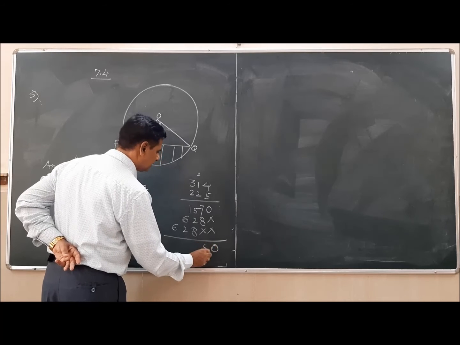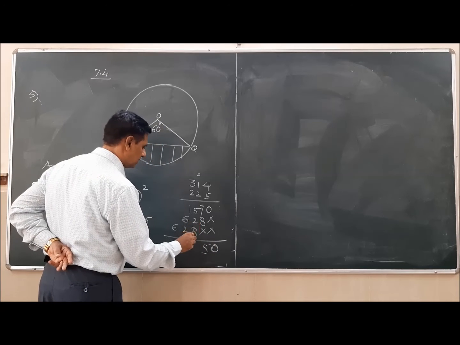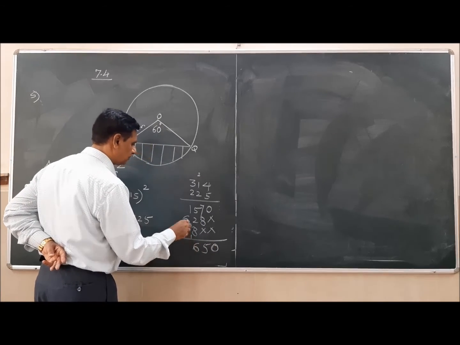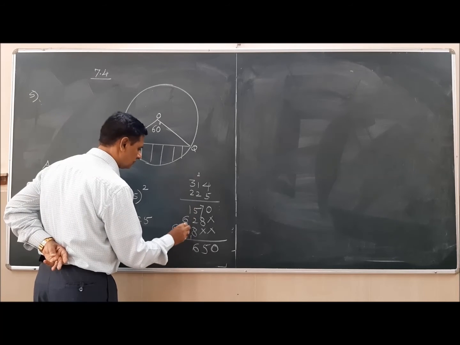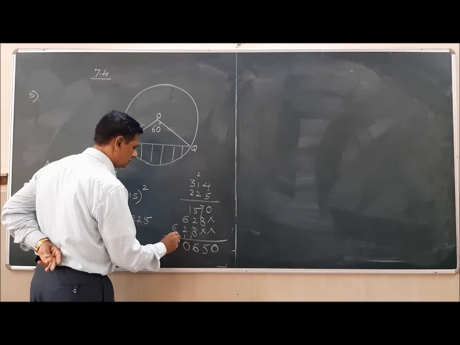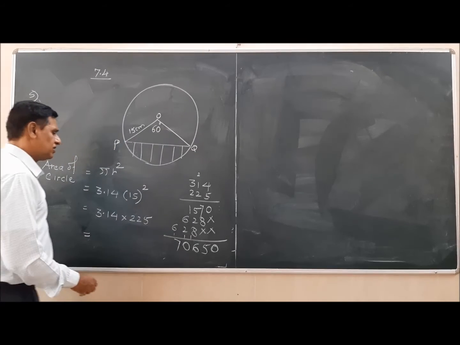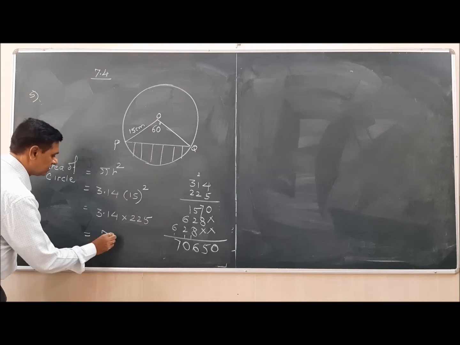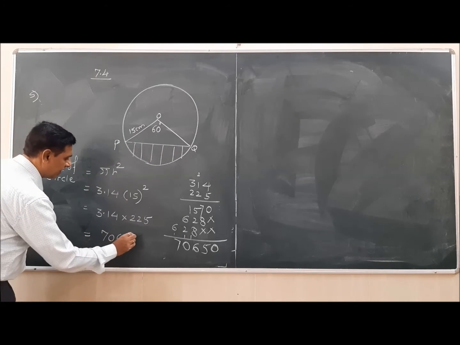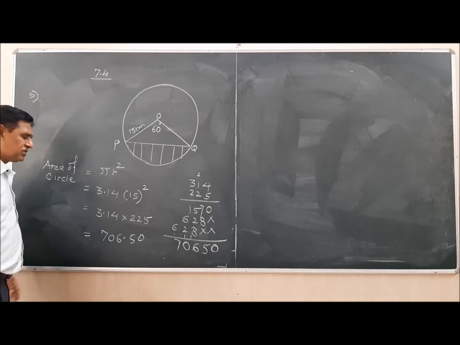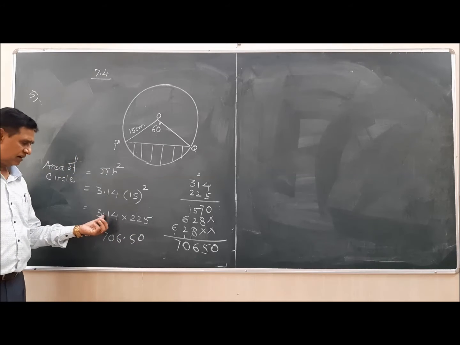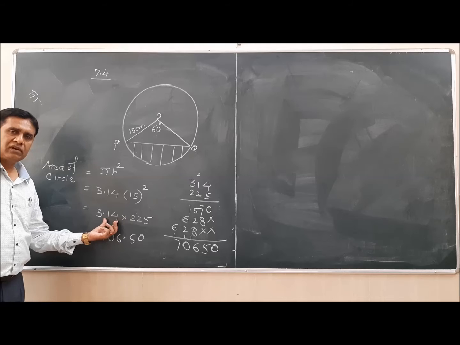Then I get 706.50. Why two digits after the point? The reason is that after the decimal I obtain 2 digits.